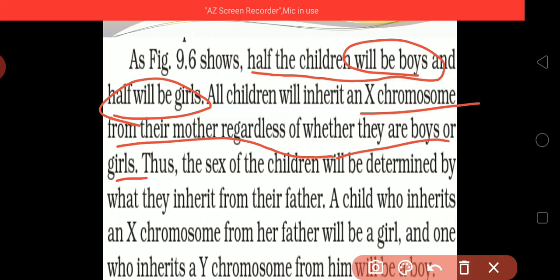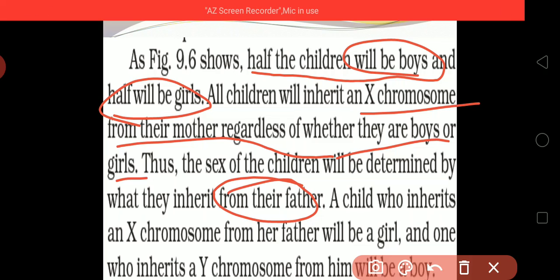And if a child is getting a Y chromosome from his or her father, then the newborn baby will be a boy. Thus, the sex of children will be determined by what they inherit from their father.